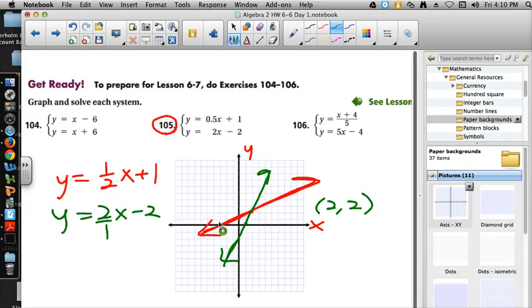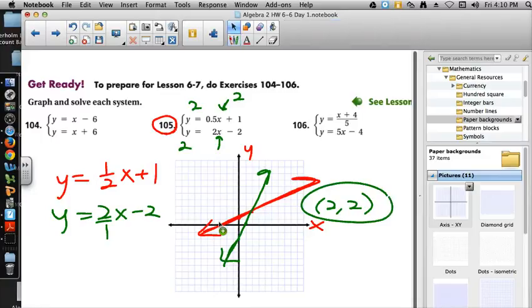Just to be certain, you could grab a calculator and check it, or you could go ahead and put 2, 2 back in and make sure it's going to work. And 2, 2 is going to work in the top one and in the bottom one here. So they're both good to go. So this is my solution, the ordered pair 2, 2. And again, you could just grab your calculator and use the intersect feature under second trace for that one as well. That should do it.